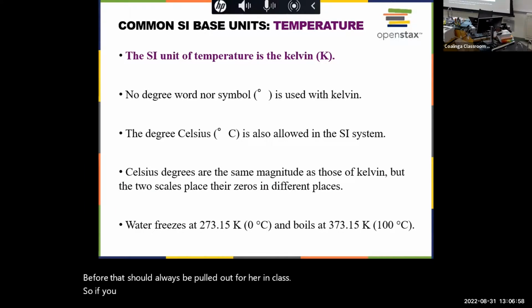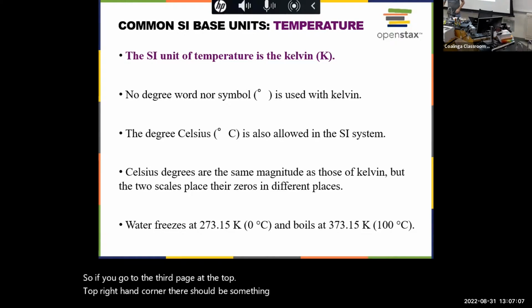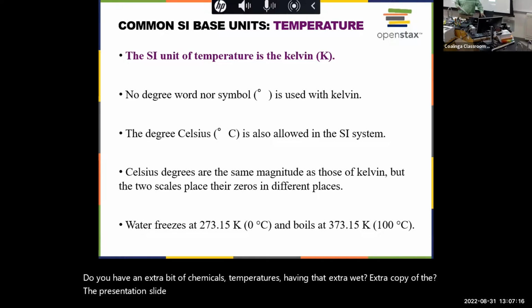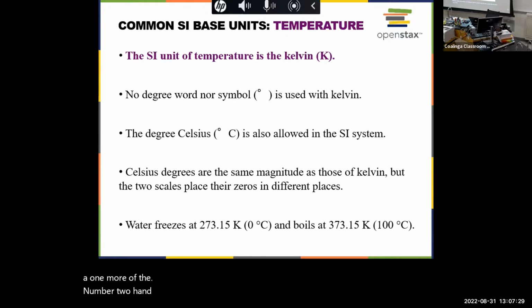So if you go to the third page, at the top right-hand corner, there should be something about temperatures.